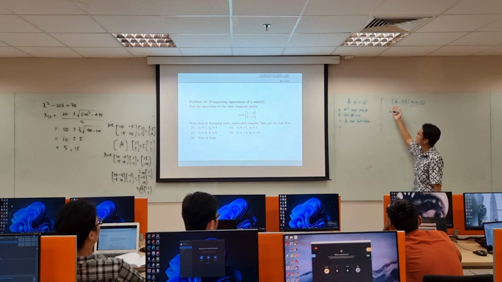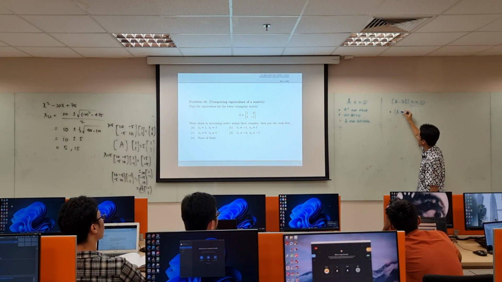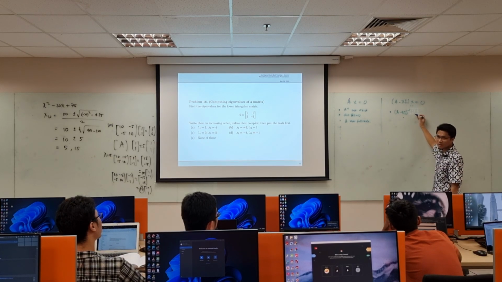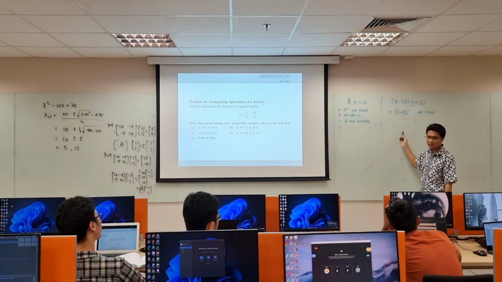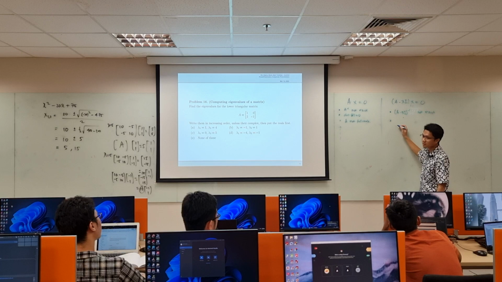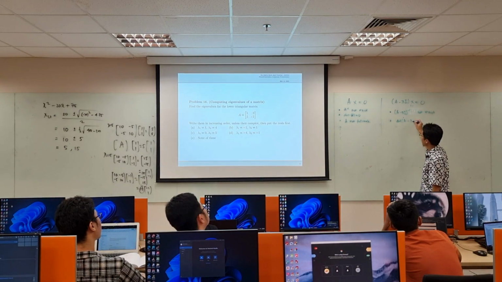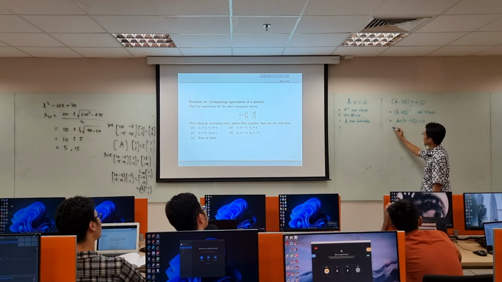Then the condition is that A minus lambda I inverse does not exist. I'm just replacing A with A minus lambda I. What else? Determinant of A minus lambda I is 0. What else?